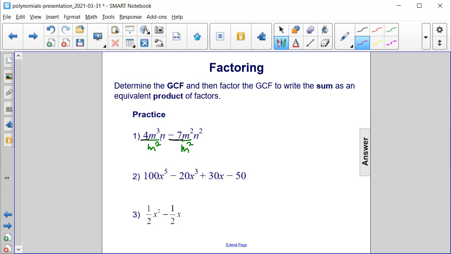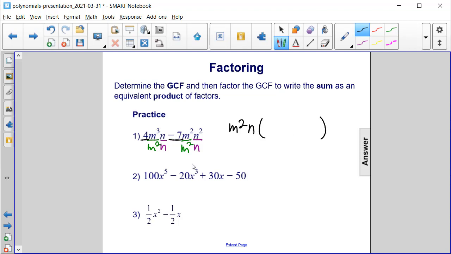We have n to the 1st power and we have an n to the 2nd power. So the greatest common factor between the n and n squared is just n. So we're going to divide both of these terms by m squared n.